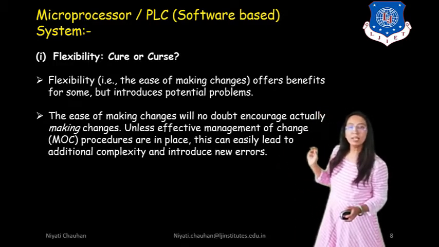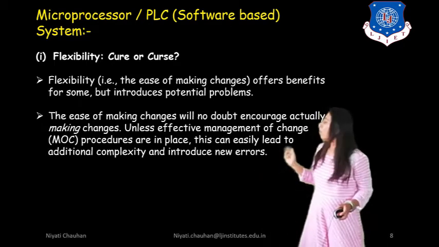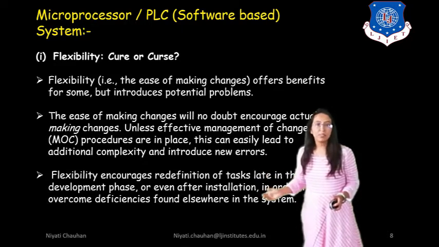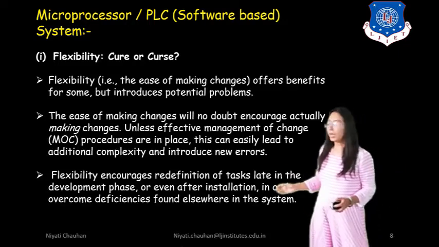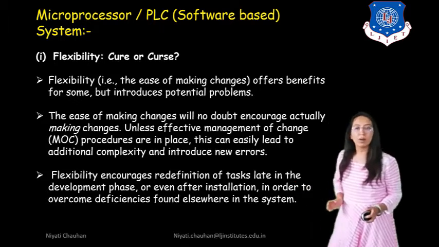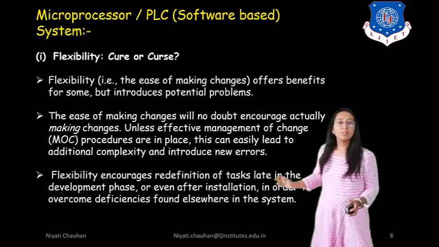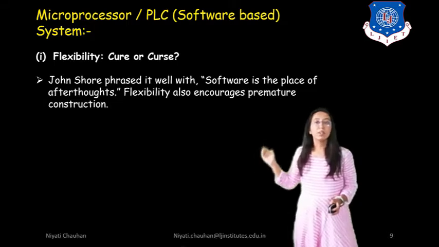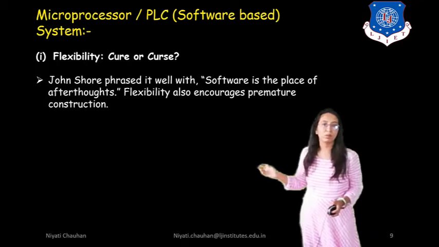This can easily lead to additional complexity and introduce new errors. Flexibility encourages redefinition of tasks late in the development phases or even after installation in order to overcome deficiencies found elsewhere in the system. John Short phrased it well: software is the place of afterthoughts.